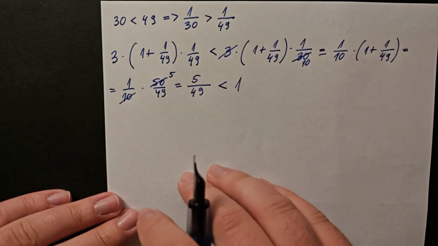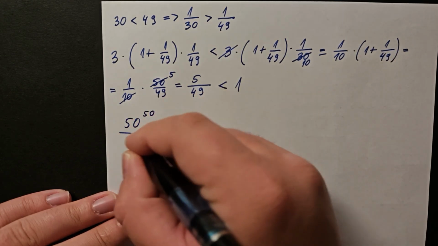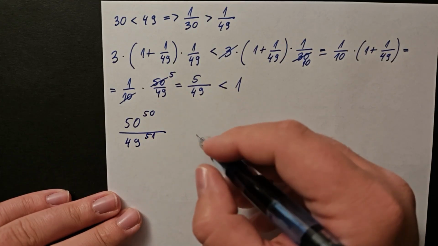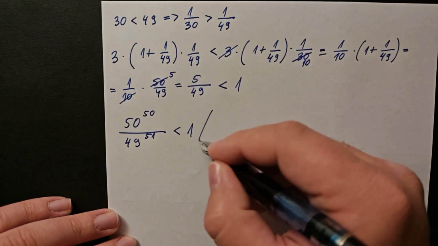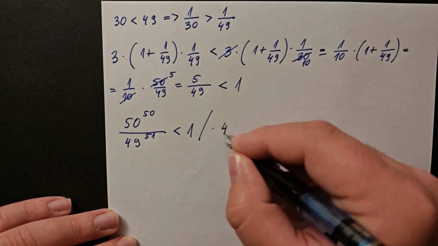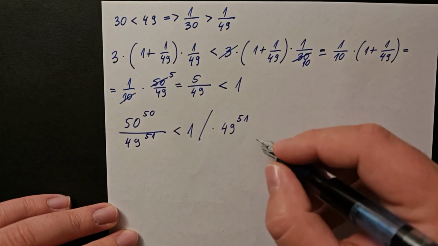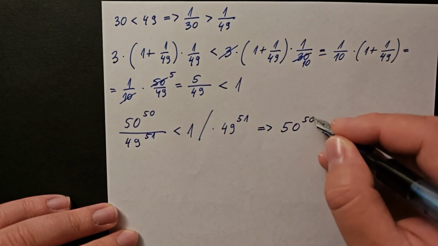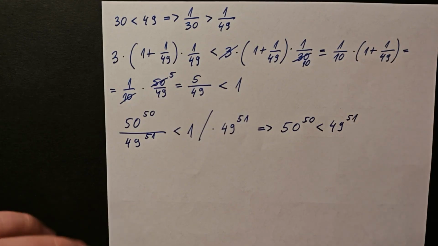When we return all of this, we see that 50 to the power 50 divided by 49 to the power of 51 is strictly smaller than 1. Of course, you can multiply this entire inequality by 49 to the power of 51, and then you get that 50 to the power 50 has to be smaller than 49 to the power of 51.